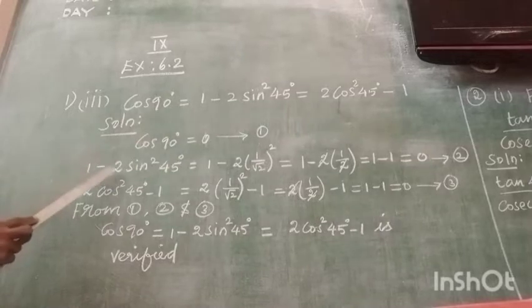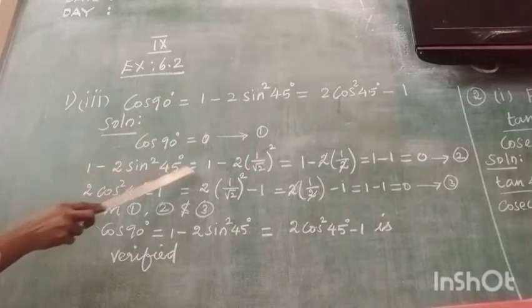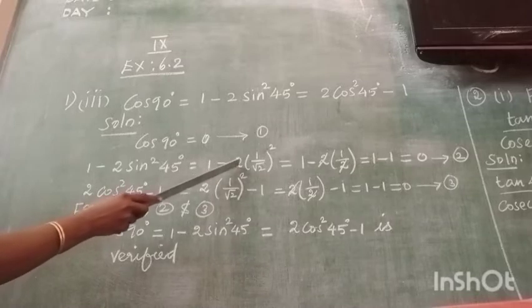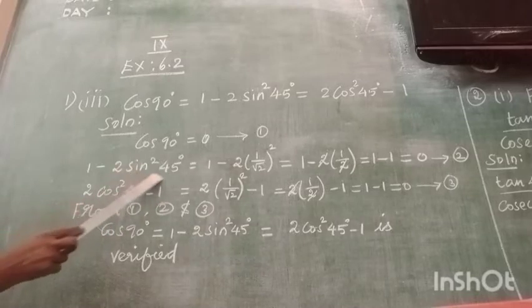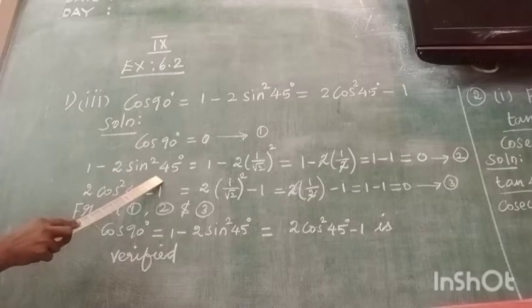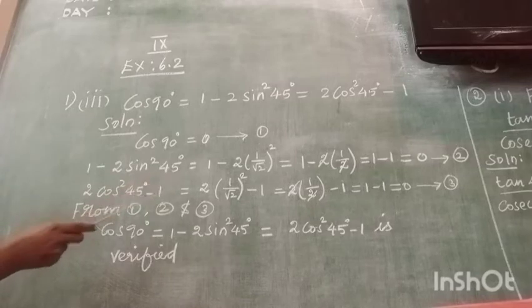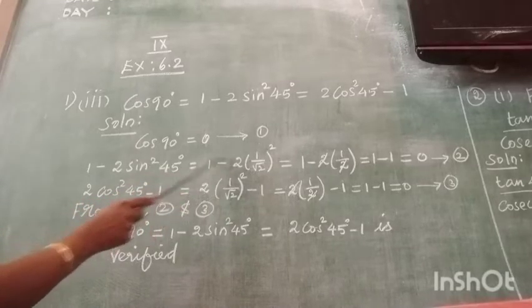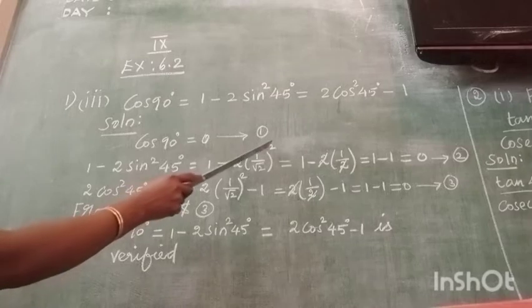So 1 minus 2 sin square 45 degree is equal to 1 minus 2 into sin 45 degree. What is the value of sin 45 degree? Sin 45 degree value is 1 by root 2. So that is 1 minus 2 into 1 by root 2 whole square.